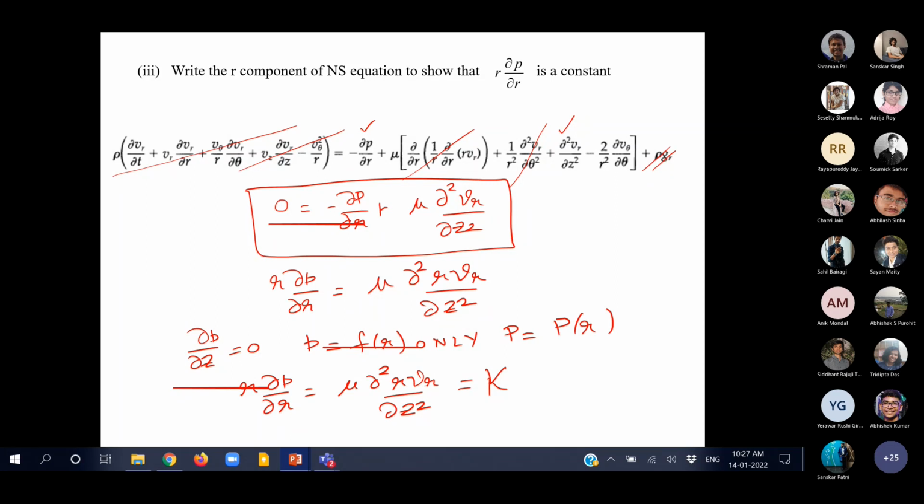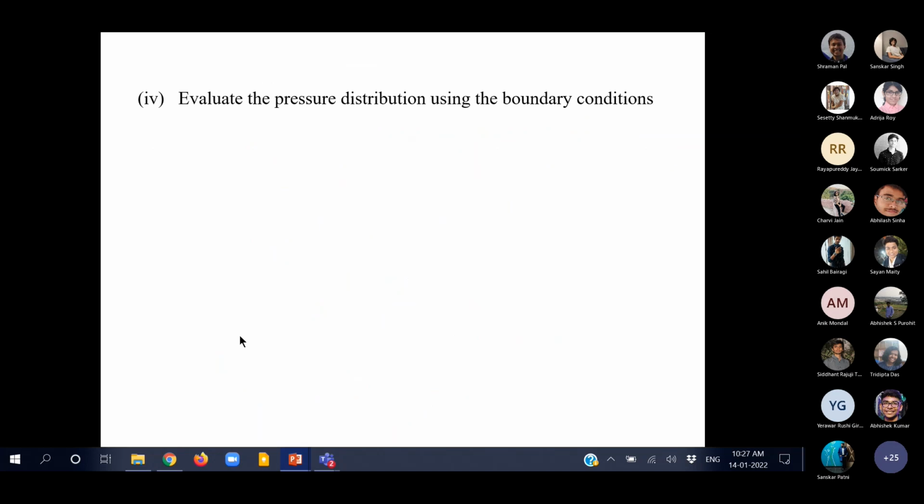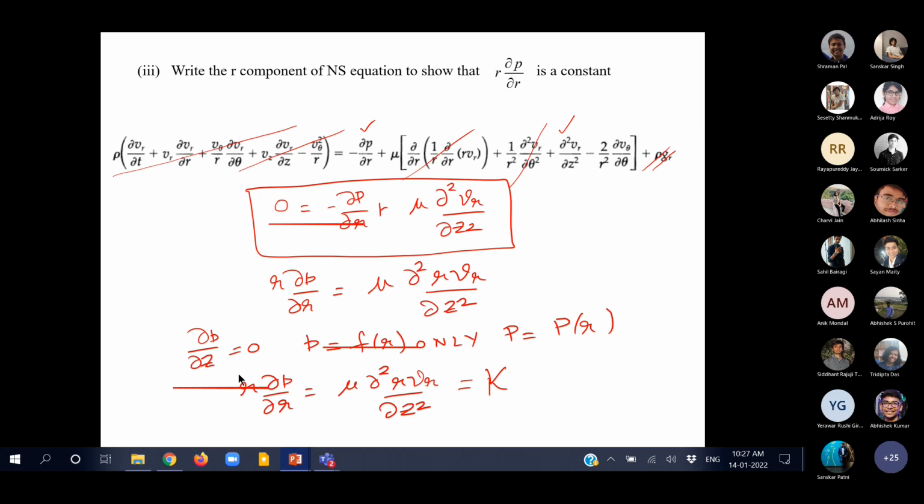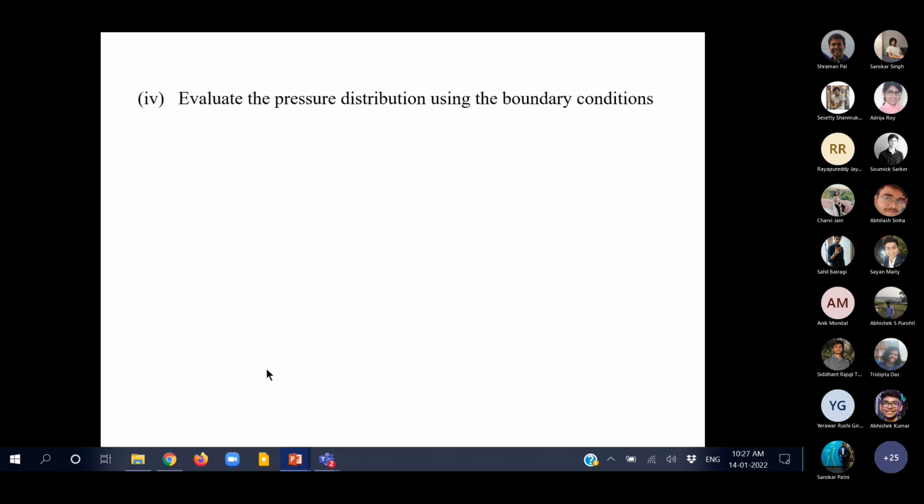This gives me another interesting result: I am now in a position to evaluate the pressure distribution using the appropriate boundary conditions. How do I do that? I know that R del P del R is a constant. So I start with R dP dR, which is a function only of R, equal to some constant K. And we also know the boundary conditions: at R equals R naught, my pressure is equal to P naught, that is the inlet pressure.